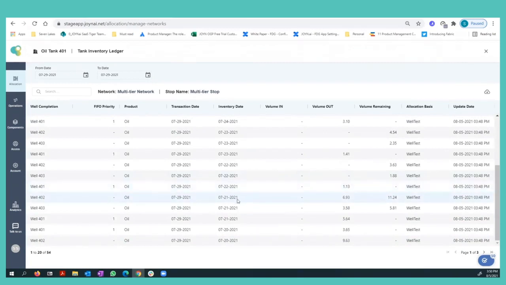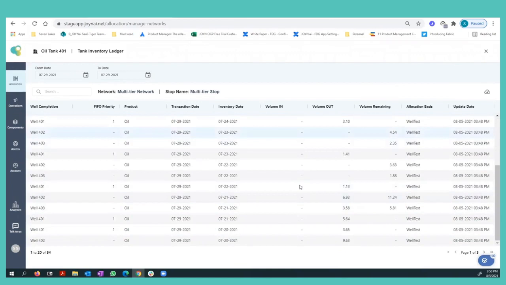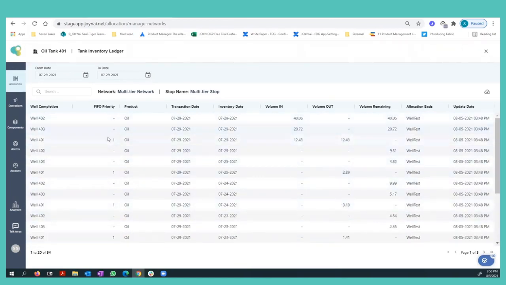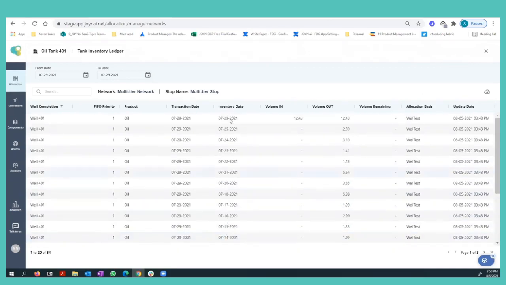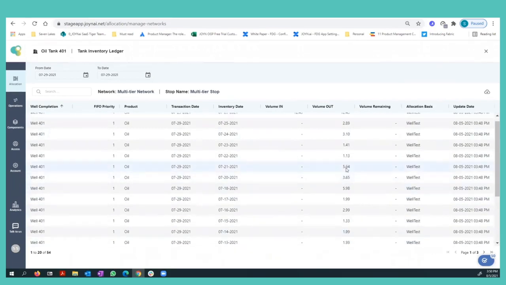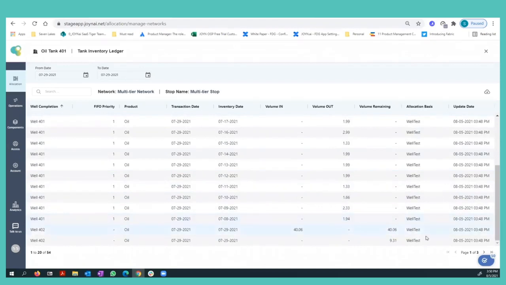But what you notice here is, first, the allocation engine takes 176 barrels and starts drawing out volumes belonging to, I'll show it this way, all the days starting from the 8th of July all the way till the 29th. Even the volume produced on the 29th, it drew it out as part of the sales allocation. And then it jumps into the other 2 wells and implements the normal FIFO logic across those.